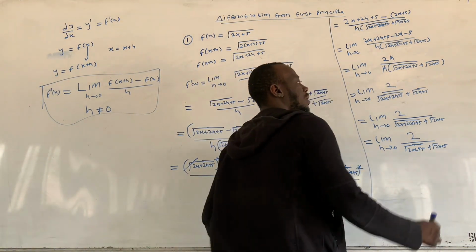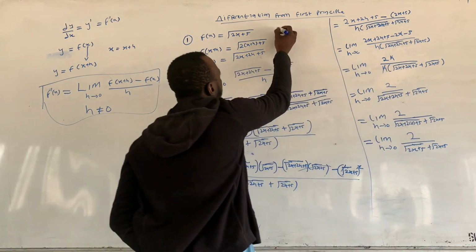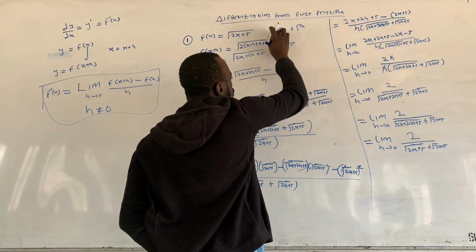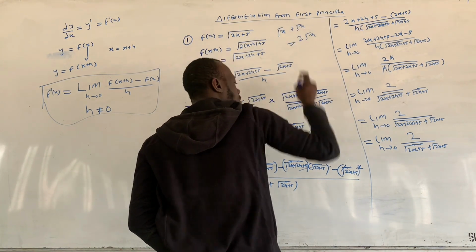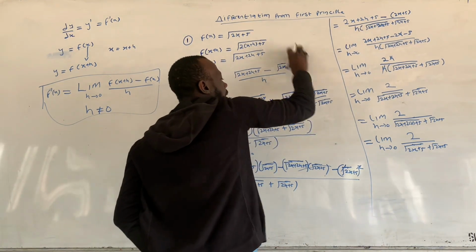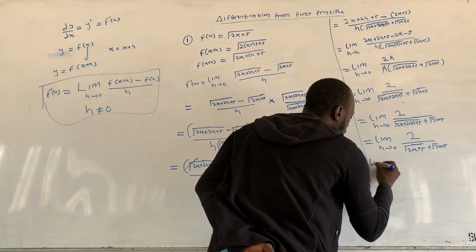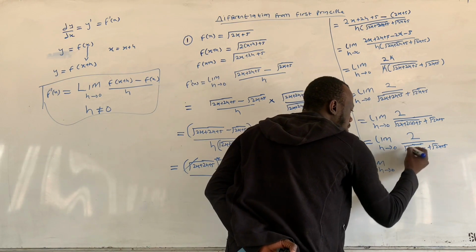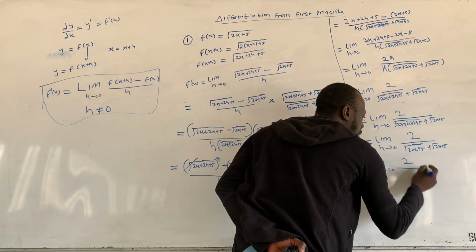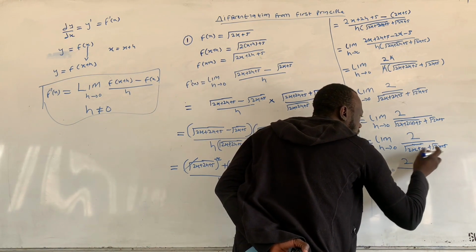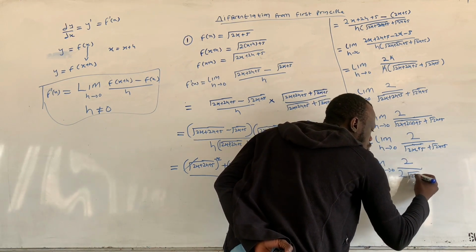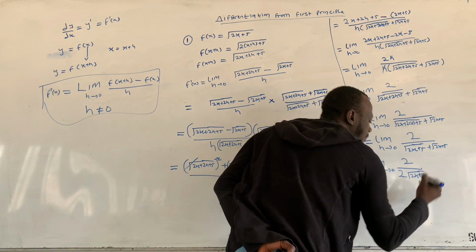Remember that we said if we have something like root x plus root x, since they are two in number, we have 2 root x. So now this becomes 2 all over, since they are 2 and they are all the same, 2 root 2x plus 5.